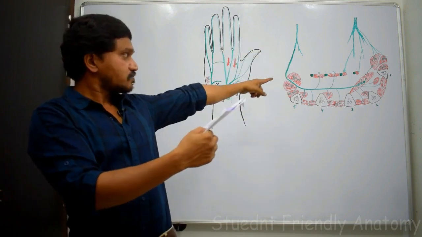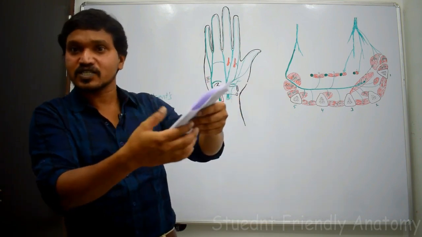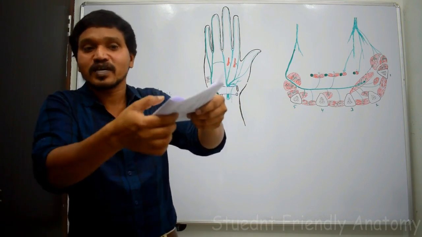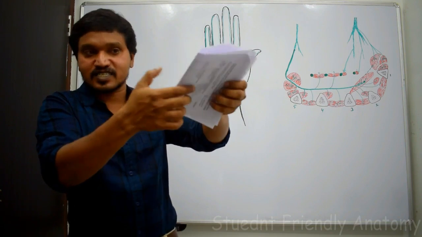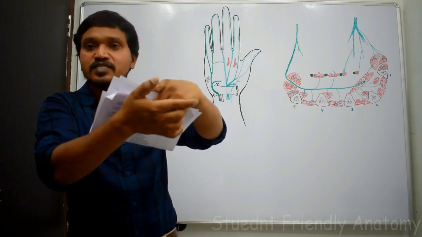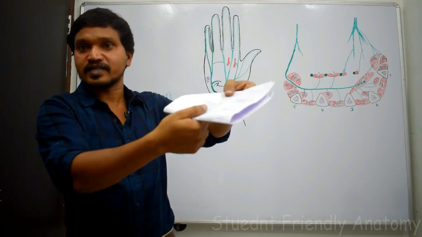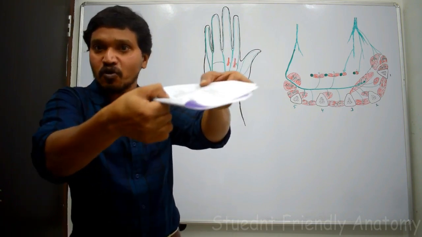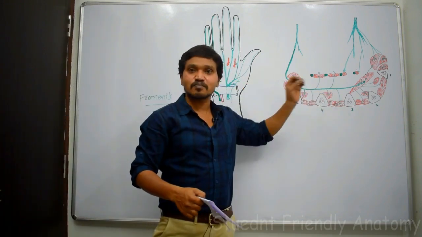But here the adductor pollicis is paralyzed, so there is no adduction. To compensate, flexor pollicis longus will contract, so the terminal phalanx will be flexed, that means the interphalangeal joint of the thumb will be flexed. So instead of holding like this, you will hold like this.